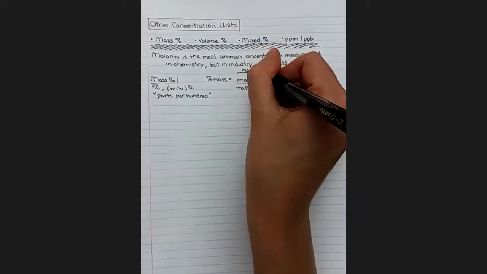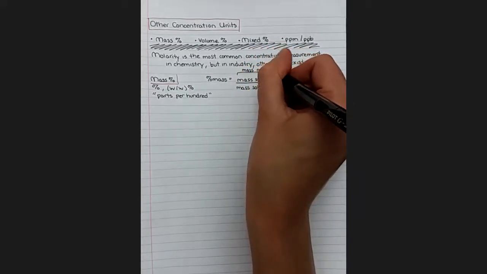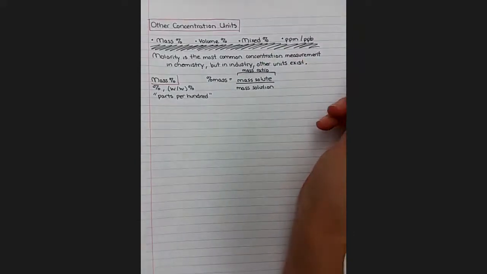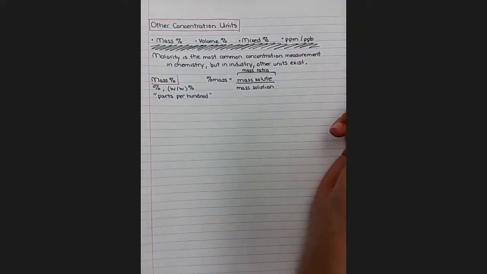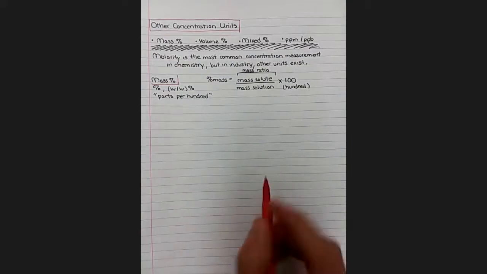So the ratio of the mass of one part to the mass of the whole thing. But this isn't called the mass ratio, this is called the mass percent. And the percent is a parts per hundred. So we multiply this by 100. And I'm emphasizing this seemingly obvious fact because it will be useful for one of the other units later.